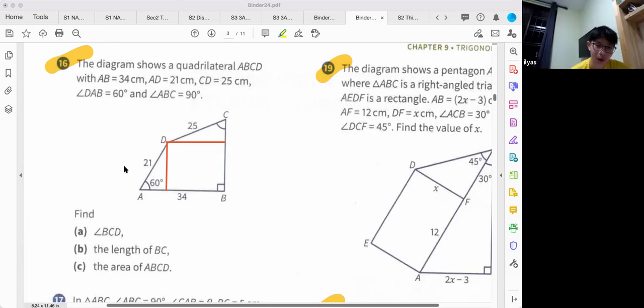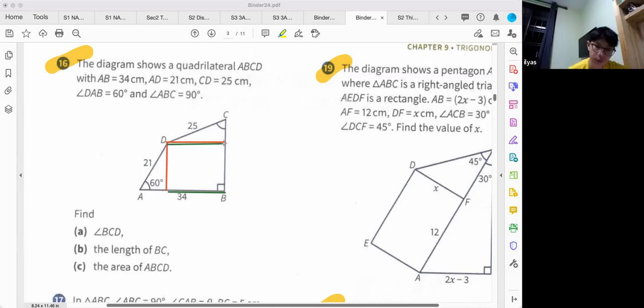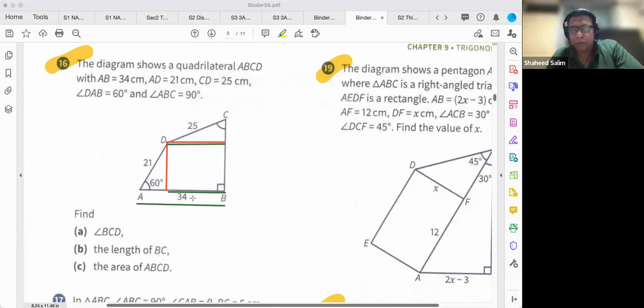Okay, math error. So, this one now here. Do you agree that this length from here to here is the same length as from here to here? Yeah, 34. But the whole thing is 34. Now I can find this one down here: I take 34 minus this, I get the one down here, which is the same as this one.